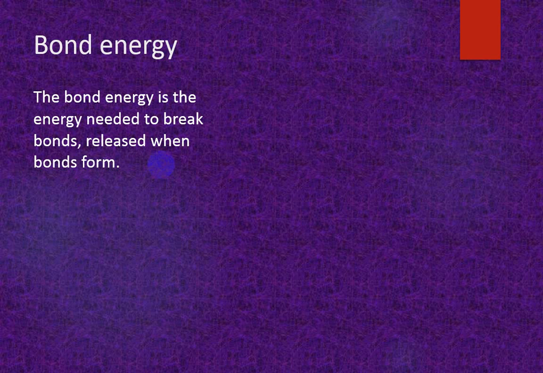So the bond energy is the energy needed to break a bond, or the energy released when a bond is formed. When a bond is formed, energy is released. This energy is the bond energy. And when a bond is broken, energy is needed. This energy is the bond energy.